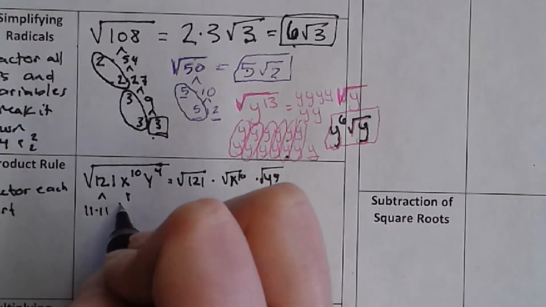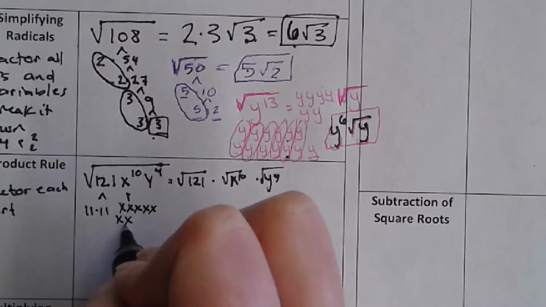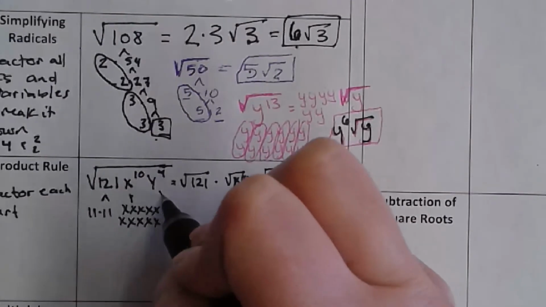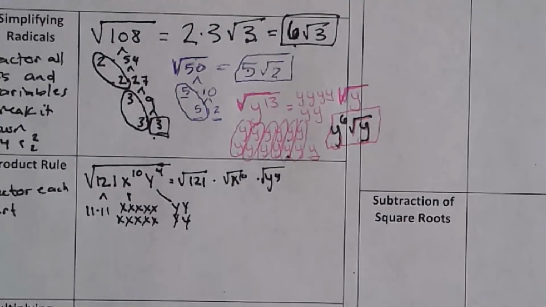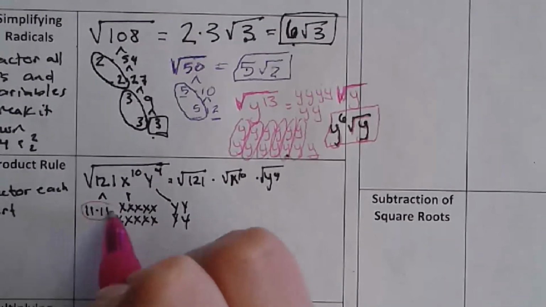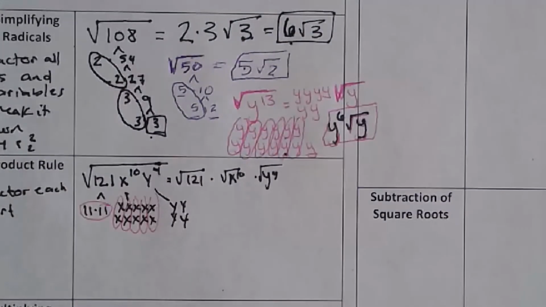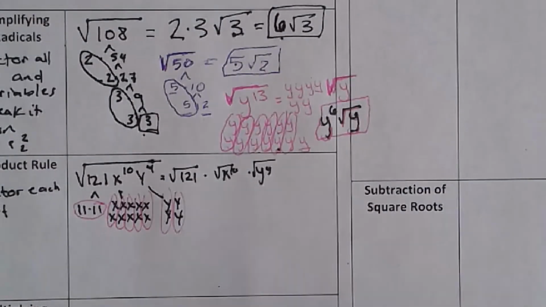I have 1, 2, 3, 4, 5, 6, 7, 8, 9, 10 x's, and 1, 2, 3, 4 y's. So here's my pair of 11's. Here's 1, 2, 3, 4, 5 pairs of x's and 1, 2 pairs of y's.